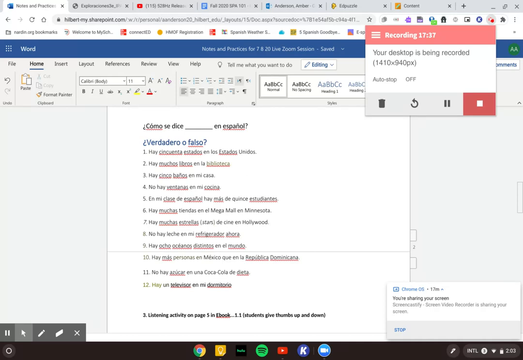Hay un pupitre en la clase de español. Pupitre. Pupitre is student desk. So dedo arriba, up. Hay el presidente de los Estados Unidos, Donald Trump, en la clase de español.